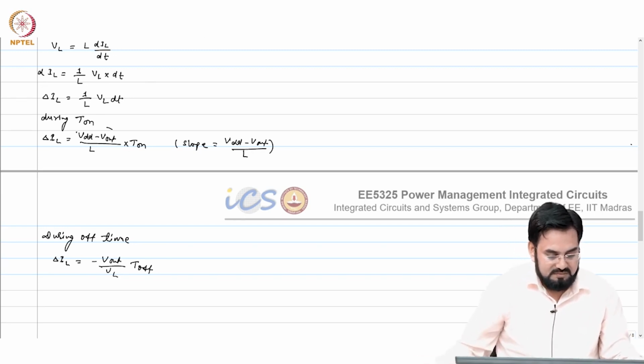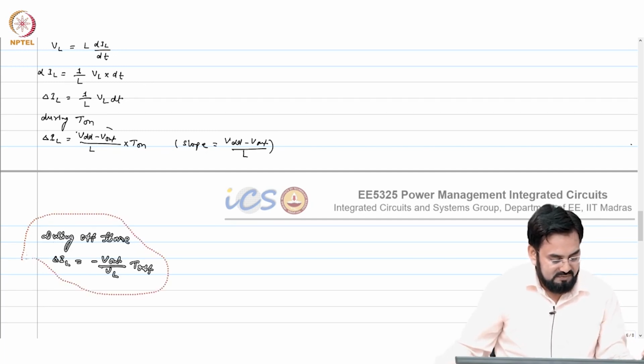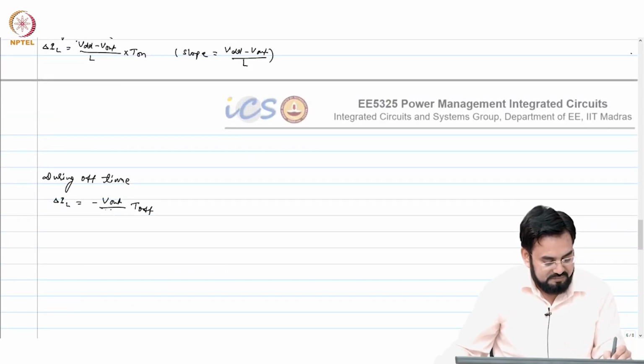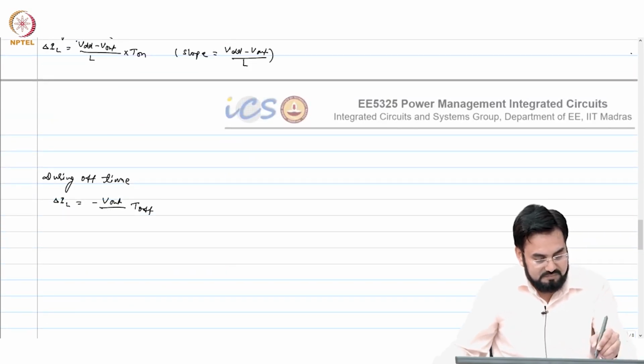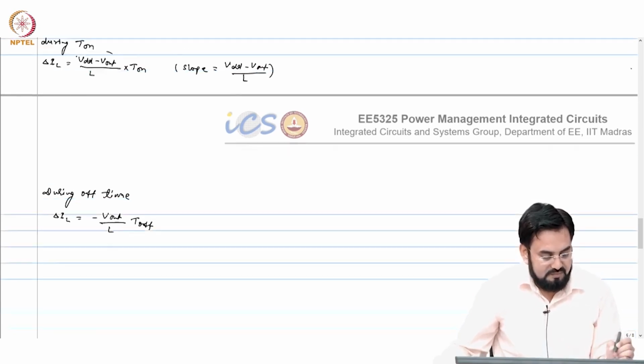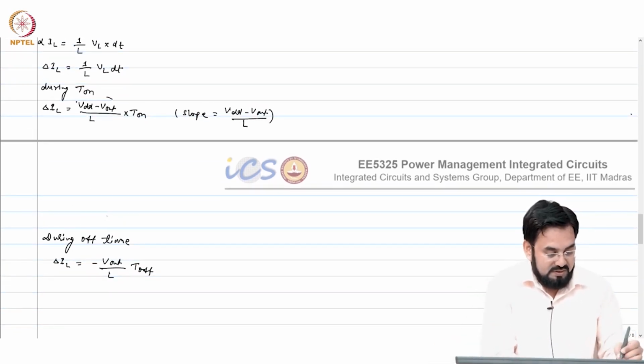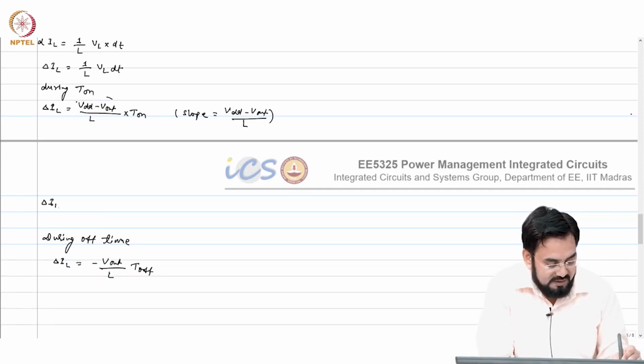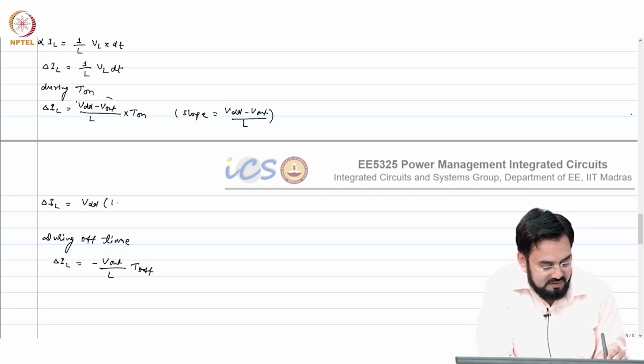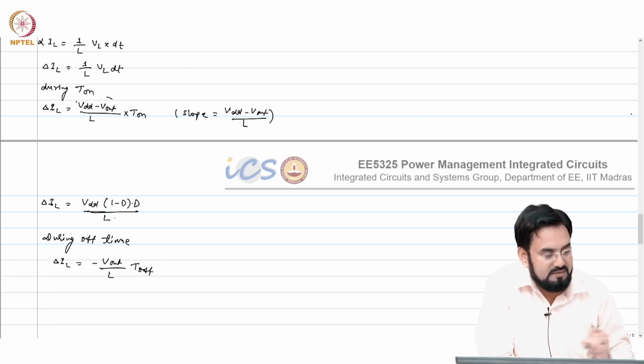And, wait, just fix it. So this one, delta IL, can I write it like this? VDD (1 minus D) D over L. Okay.